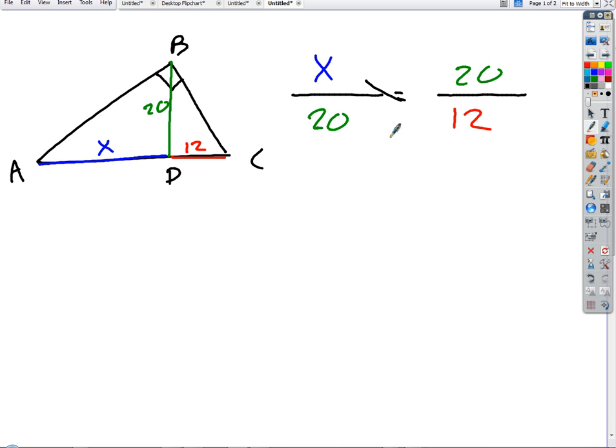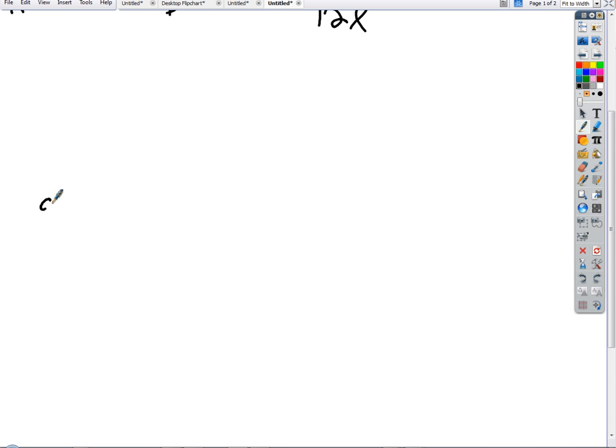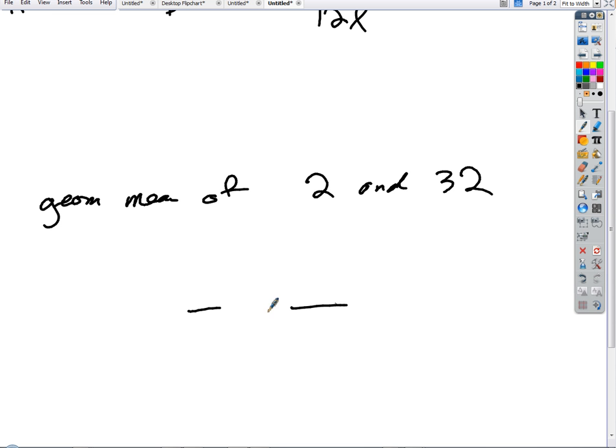Wait, so how come the 20s are opposite of each other? Because that's how the geometric mean works. Remember, we did some stuff last chapter where if I wanted you to find the geometric mean of, say, 2 and 32, there's a formula for that, but rather than the formula, remember what I told you to do. The geometric mean, if we call that x, always just looks like that.